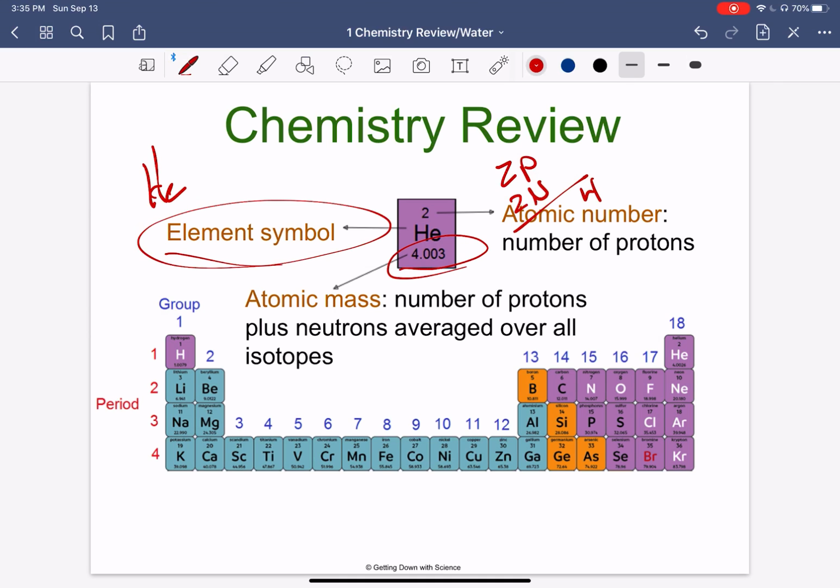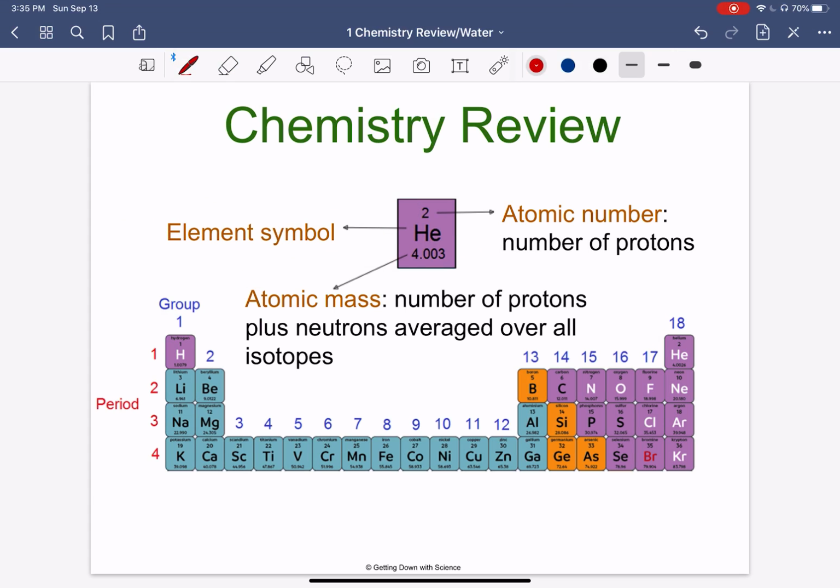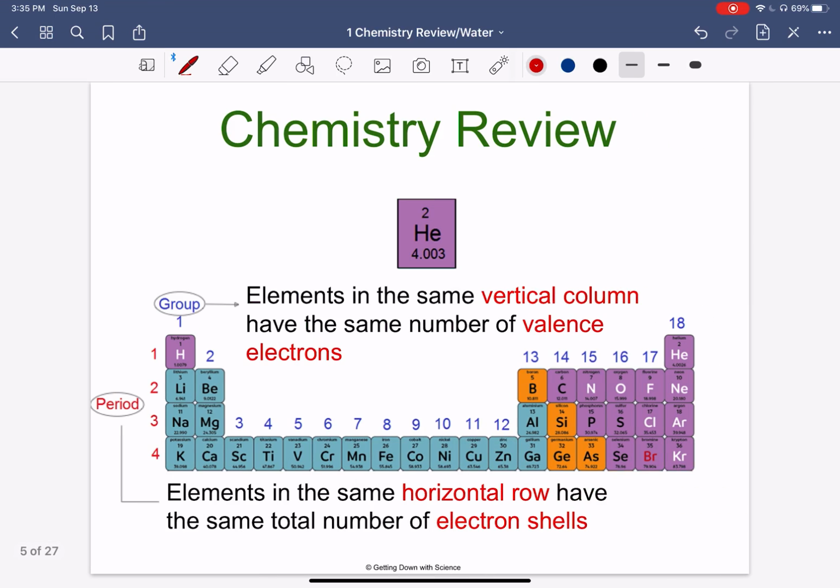Every once in a while, you'll actually have one that has 3 neutrons instead of 2. It's really rare. I mean, as you can tell by looking at that number, 4.003. It's not very common, but there are some that have that, and those are called isotopes. We'll talk a little bit more about isotopes later.